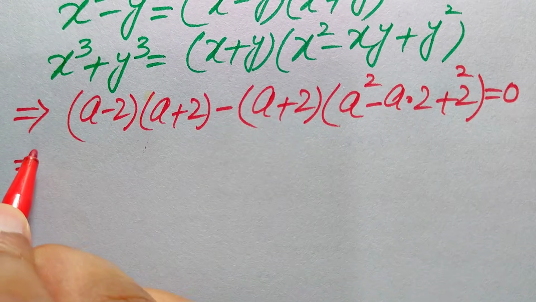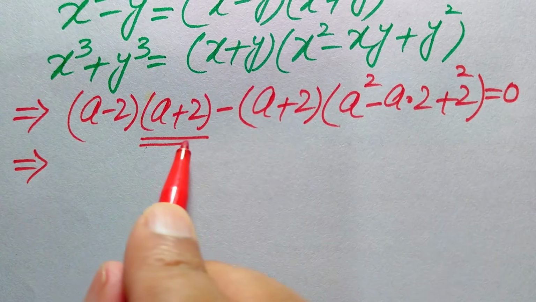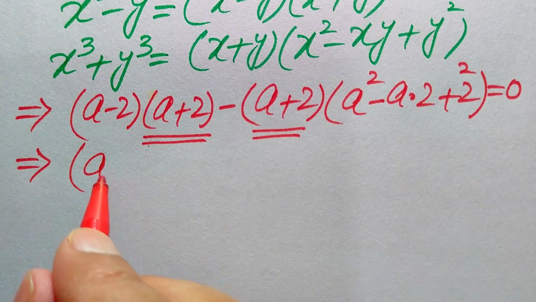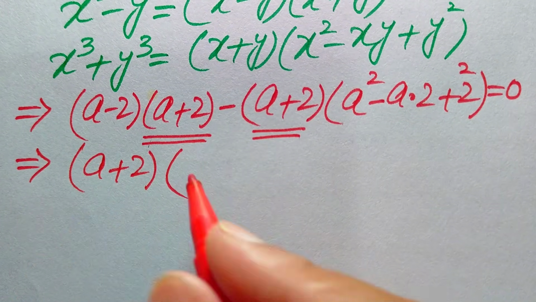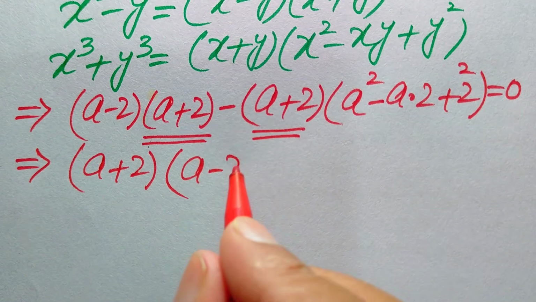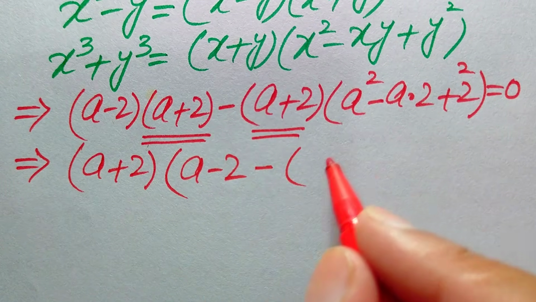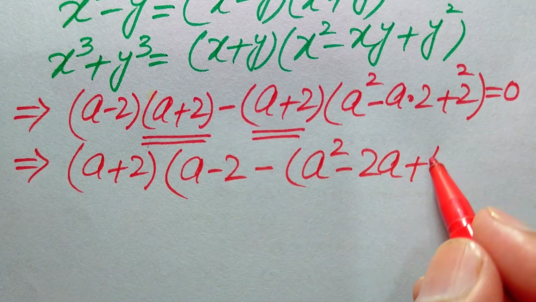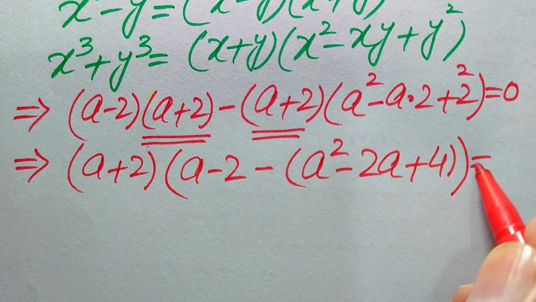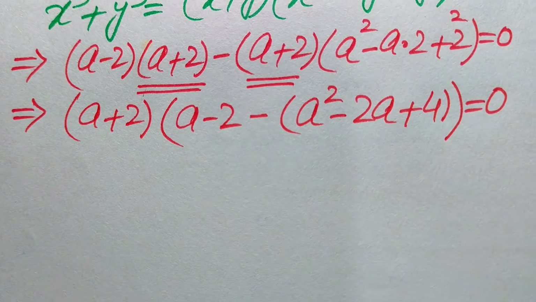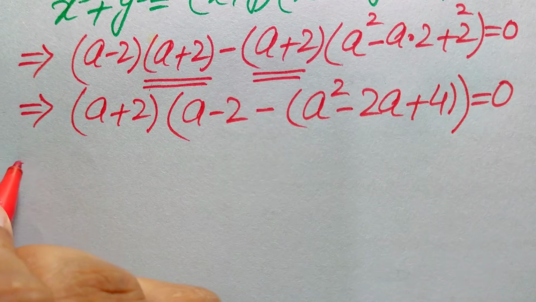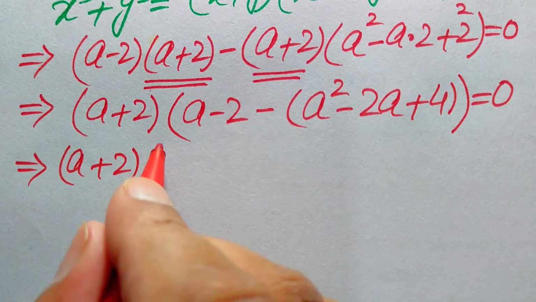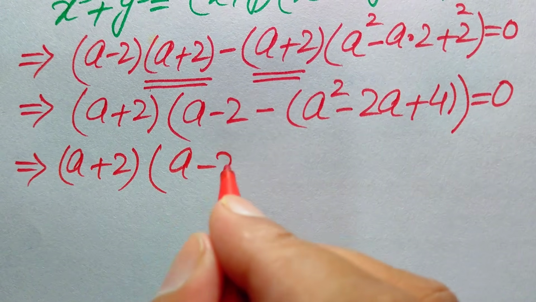And now you see that both of the terms involve the factor a plus 2. So we take this factor common, and the remaining values are a plus 2 times, a minus 2 minus, here we obtain, a squared minus 2a plus 2 squared, which is 4, and this whole equation equals 0. And now in the next step we first simplify the terms, and we get a plus 2 times a minus 2.